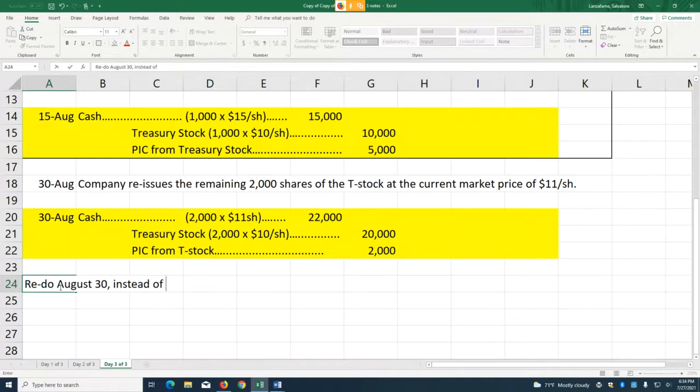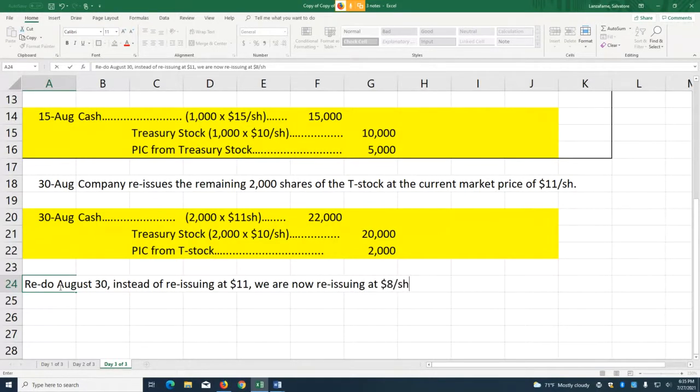Instead of reissuing at 11, we are now reissuing at $8 a share.